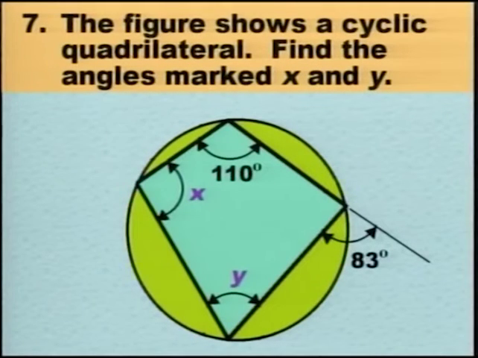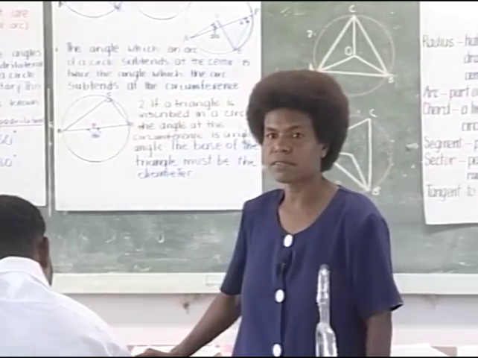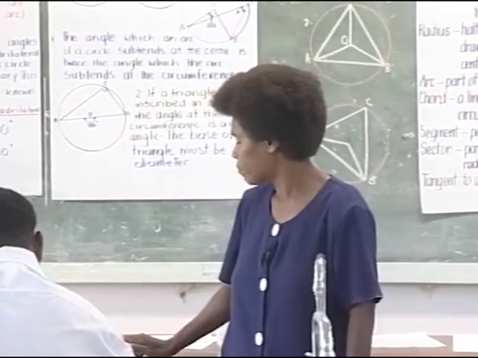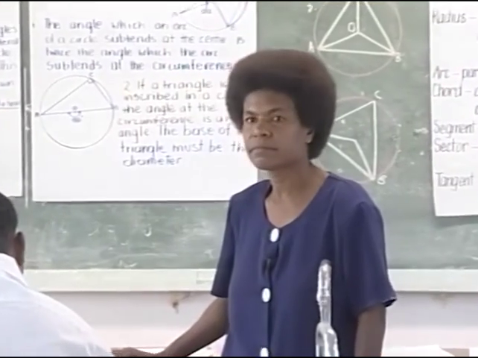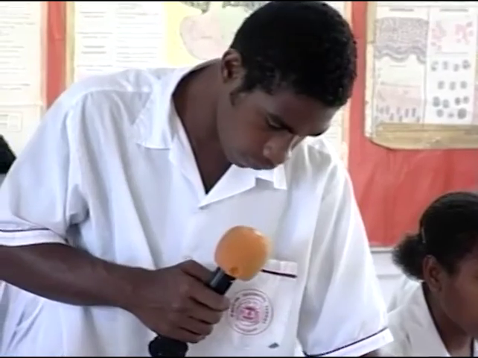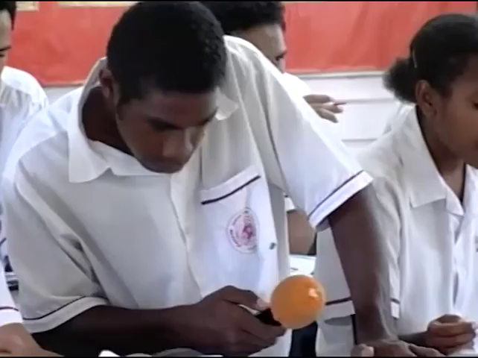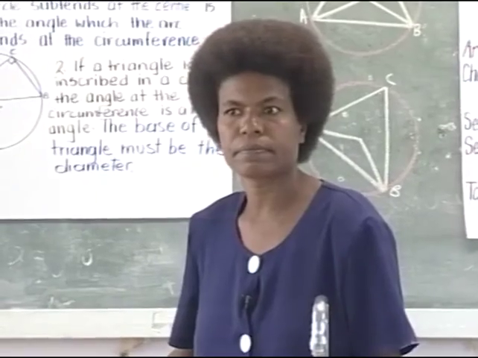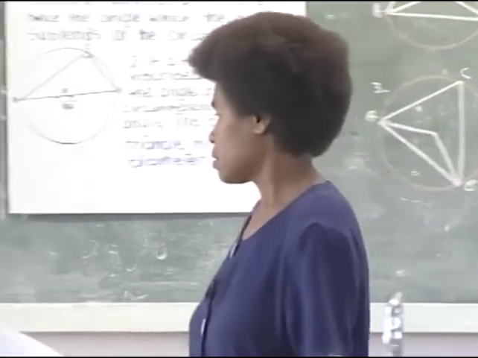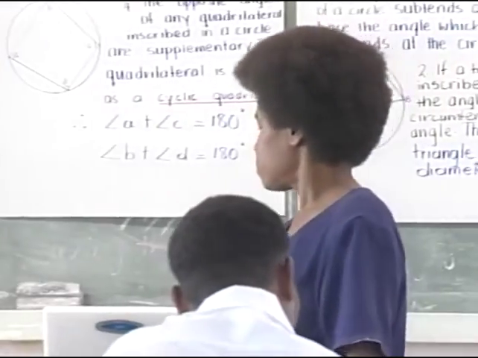What's the value of angle X? 83 degrees. 83 degrees, that is correct. And what's the value of angle Y? 70 degrees. All right, who didn't get those two values right? Good. Let's go on to the next one.